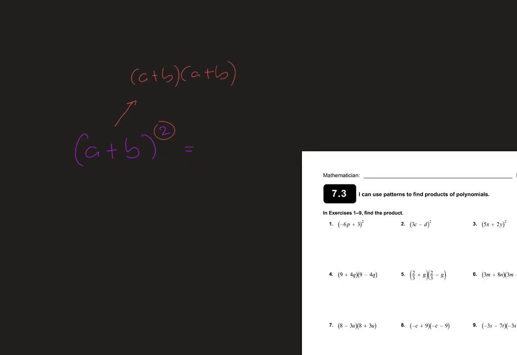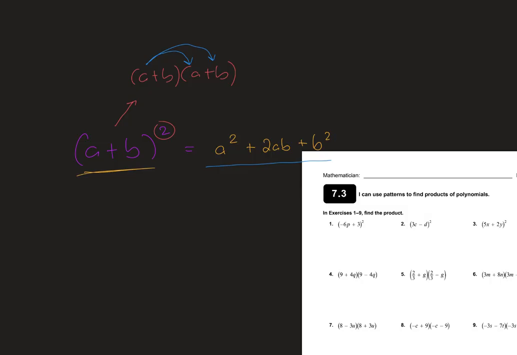Because it's squared. And then if you start distributing, here's what you get. I suppose it's a pattern, because you get a squared plus 2ab plus b squared. And that is for (a + b) squared.